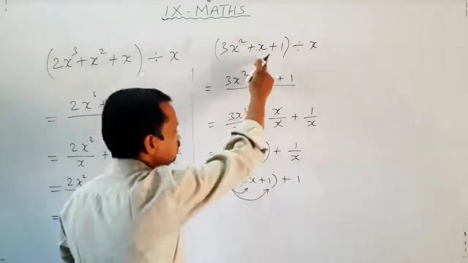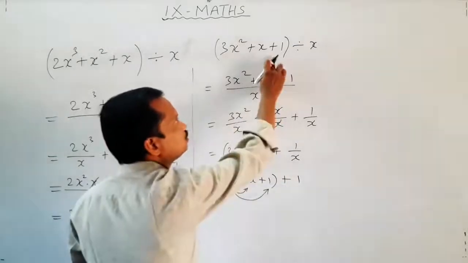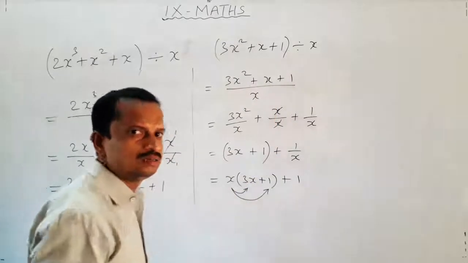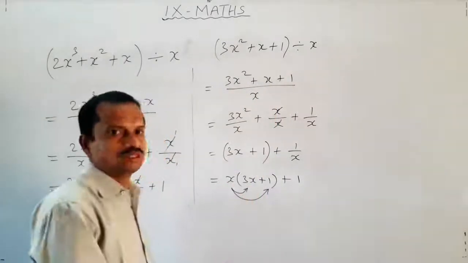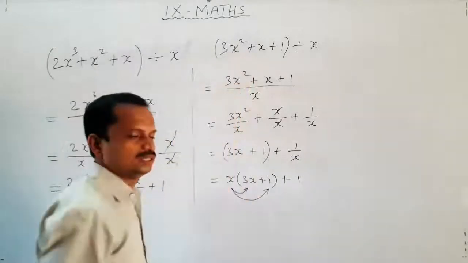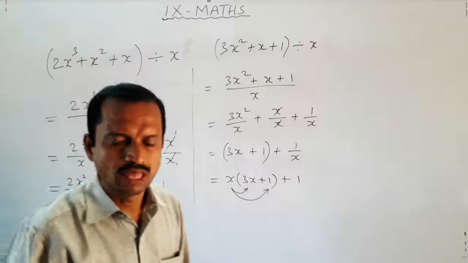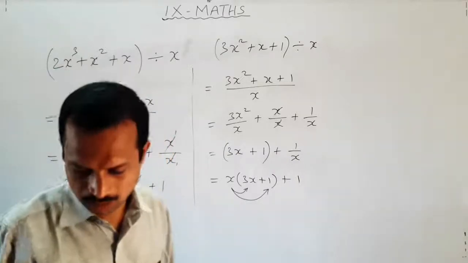So 3x square plus x, the first two terms we got, and then plus 1 here. That's the third term, the constant. Clear? So like that we can write. This is the way of writing this type of division. And shall we move to the next, remainder theorem? Clear?